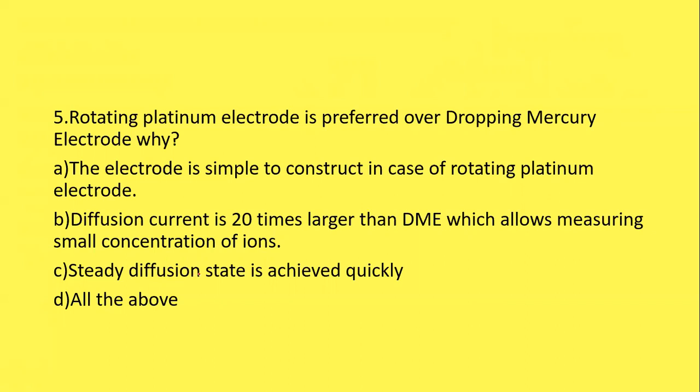Option C, steady diffusion state is achieved quickly. Option D, all the above. The correct answer is all the above. So the rotating platinum electrode is preferred over the dropping mercury electrode because of these reasons.